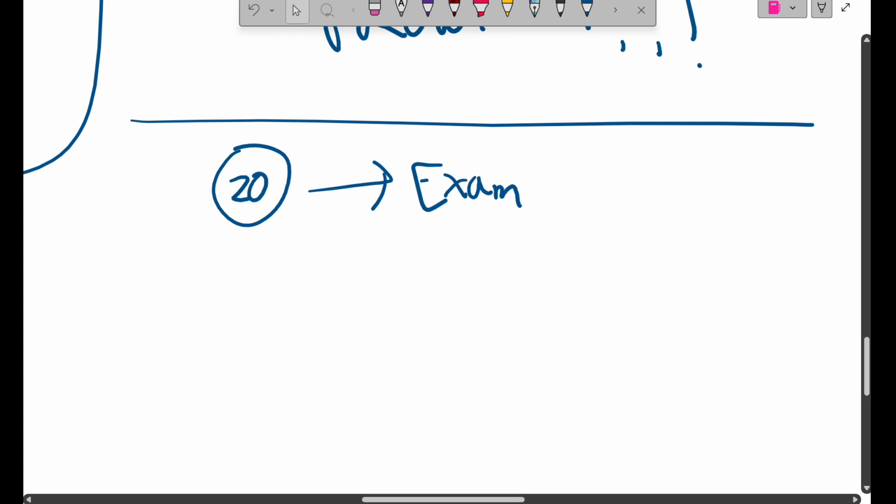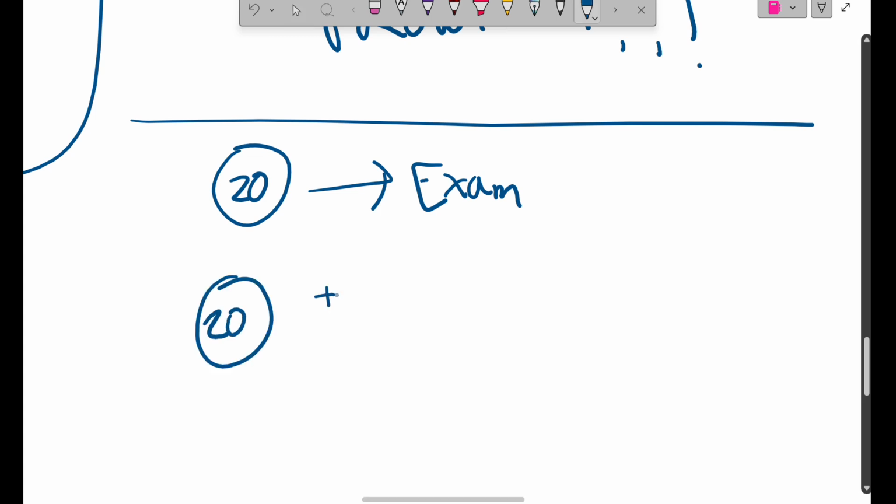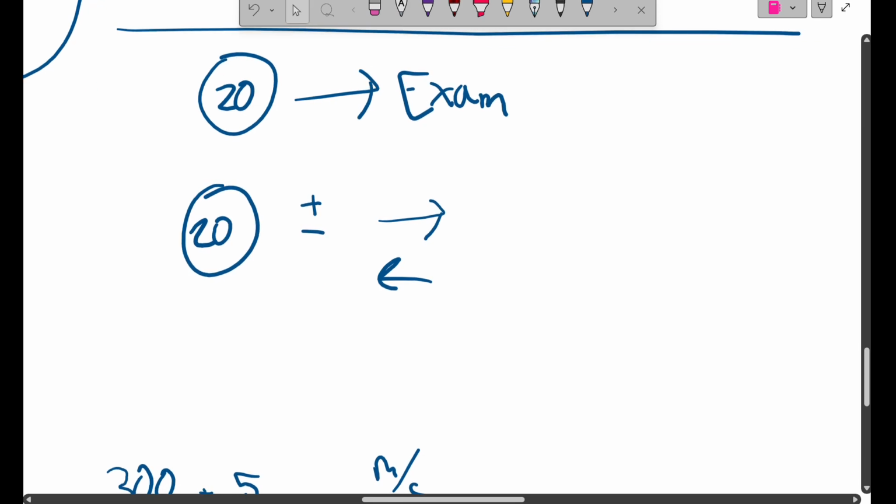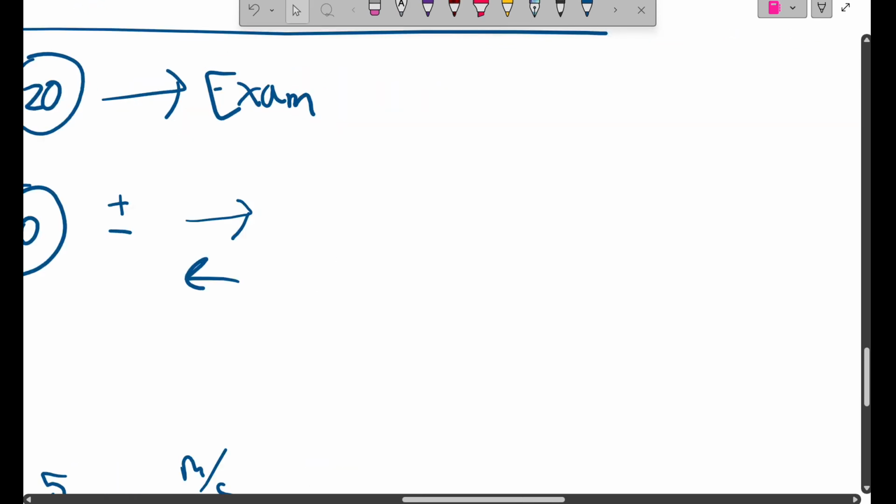What's going to happen is he's going to take problem 20, he will change a sign, he will change the direction, he will change certain numbers or the situation that you're in, and then he will put that on the exam.